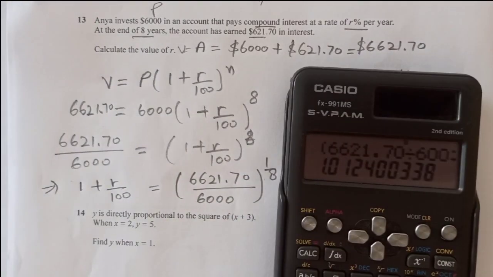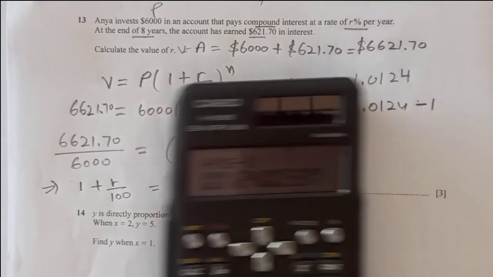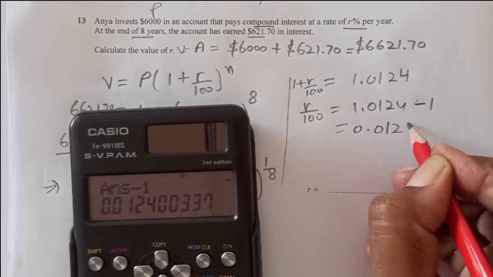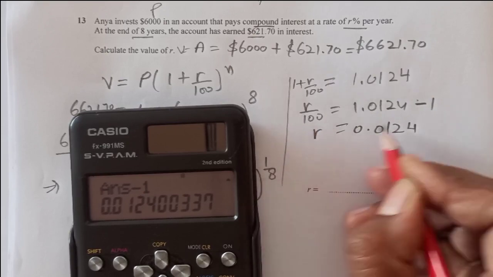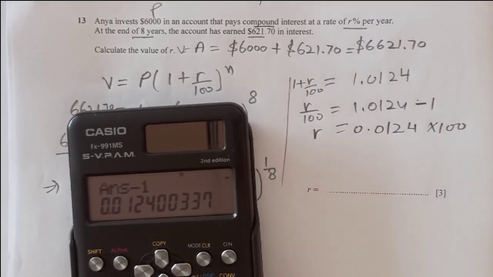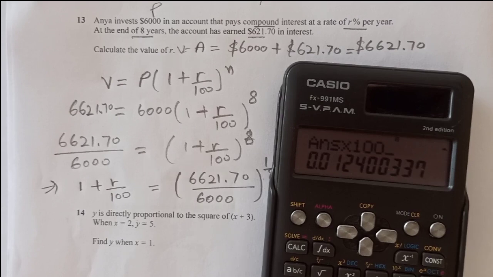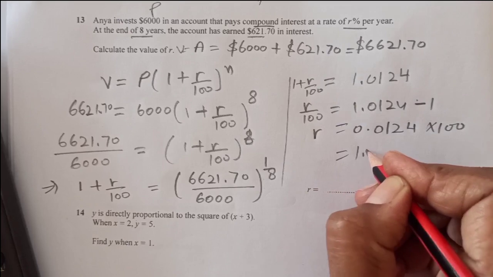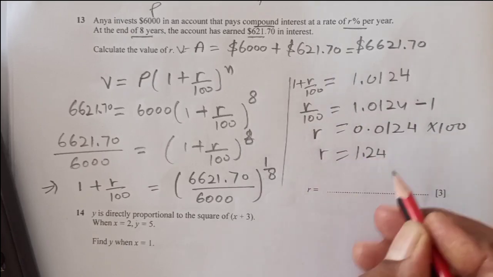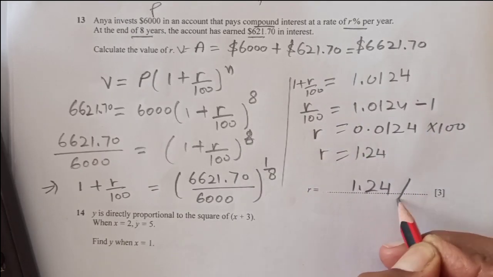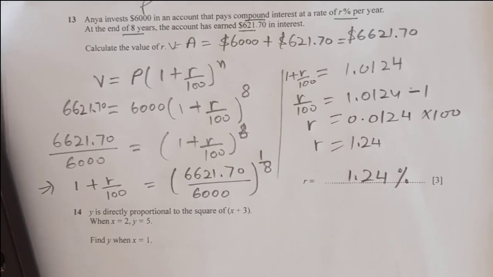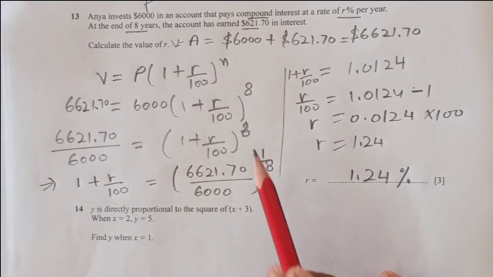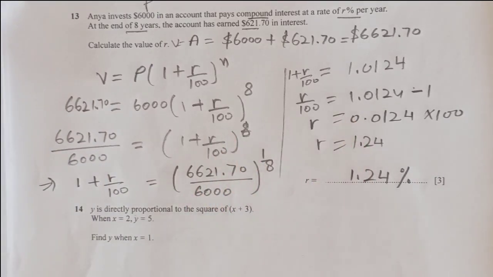So we are going to subtract 1 from here, which gives us 0.0124, right? And then this 100 is going to multiply over here. So times 100, right? So we have 1.24. So rate of interest is 1.24%, right? So this is a simple question where you are plugging the values into the formula, but you have to be very careful about these calculations, right?